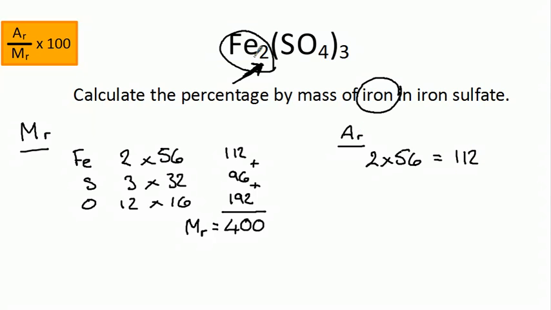It's not that we're interested in one atom here; both of them are in that molecule, so we need to multiply by 2. So AR divided by MR is 112 divided by 400 times 100, and that comes out as 28% iron in iron sulfate.